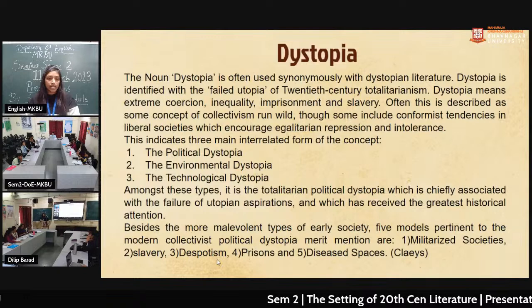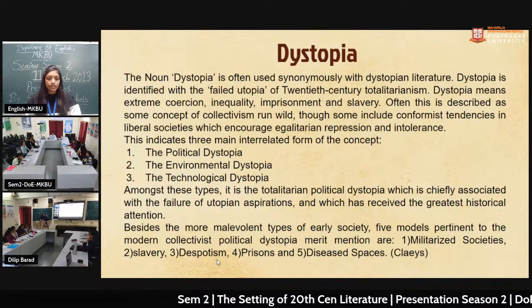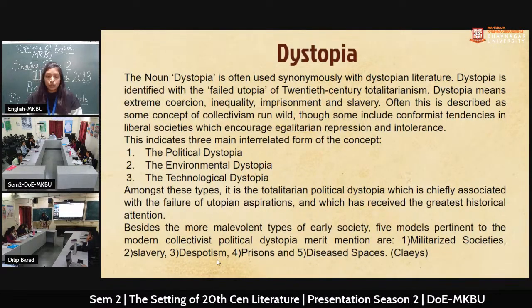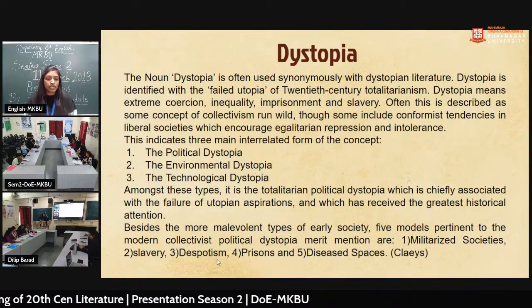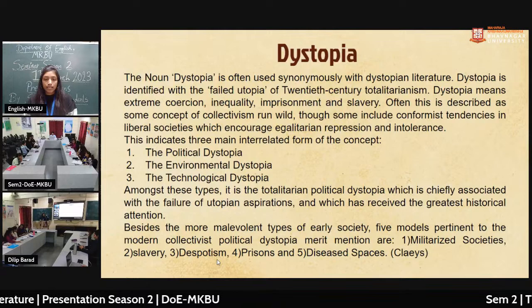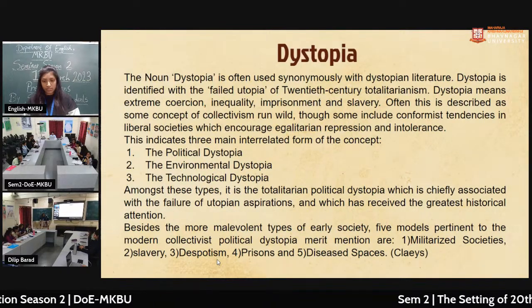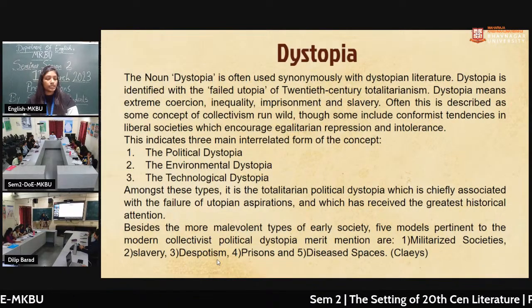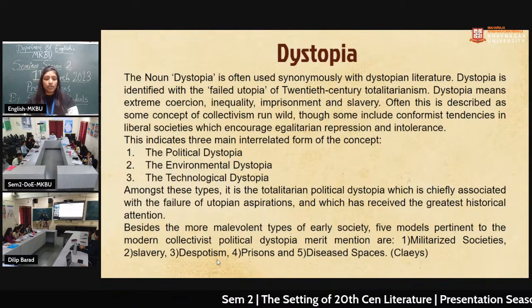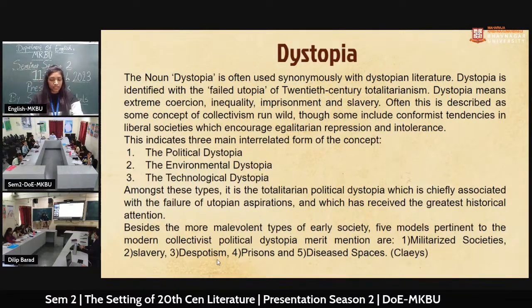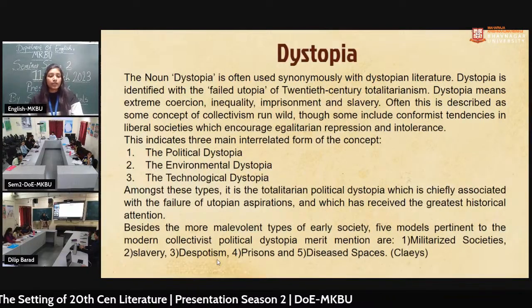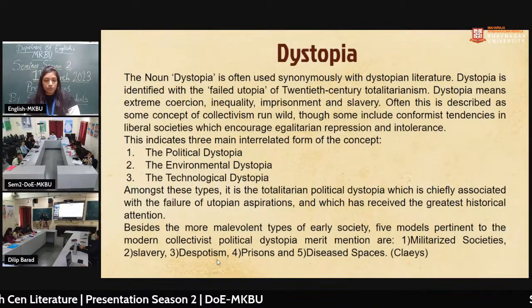Often this is described as some concept of collectivism run wild, though some include conformist tendencies in liberal societies which encourage egalitarian repression and intolerance. This indicates three main interrelated forms of the concept of dystopia. First is the political dystopia, then environmental dystopia, and technological dystopia.